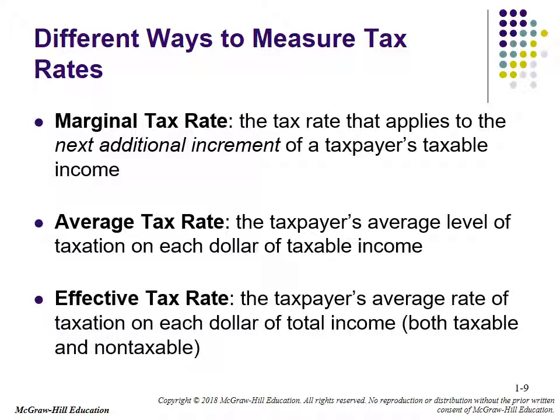The effective tax rate is the taxpayer's average rate of taxation on each dollar of total income, both taxable and non-taxable. What they're saying here is we figure out our tax on income that is taxable, which, by the way, not all income is, as you're going to learn this semester.